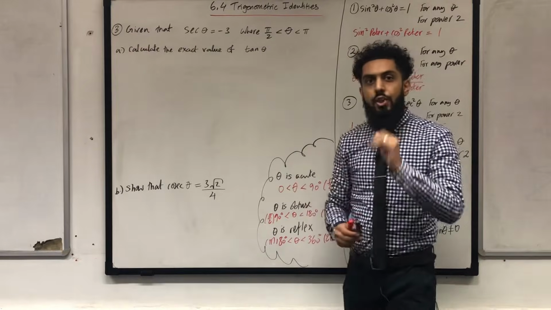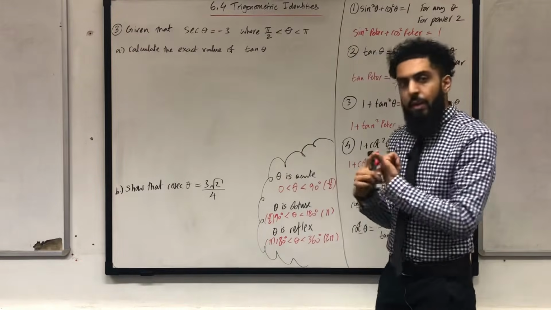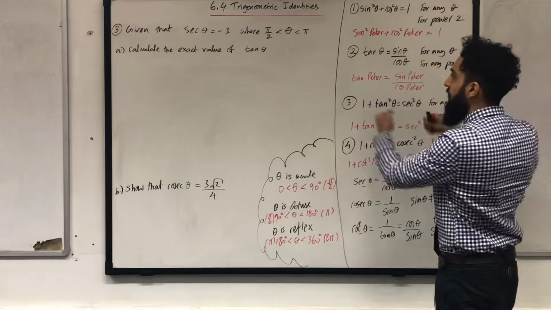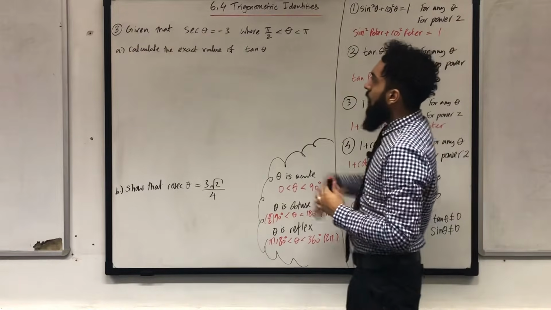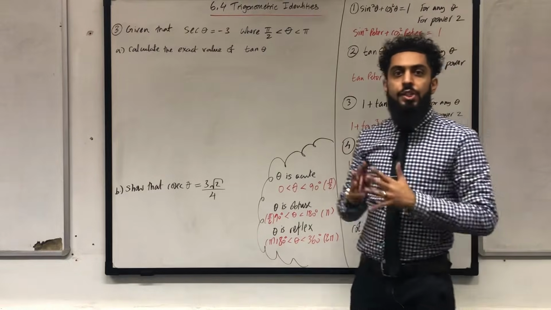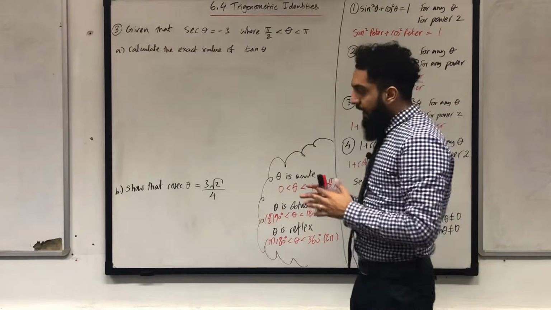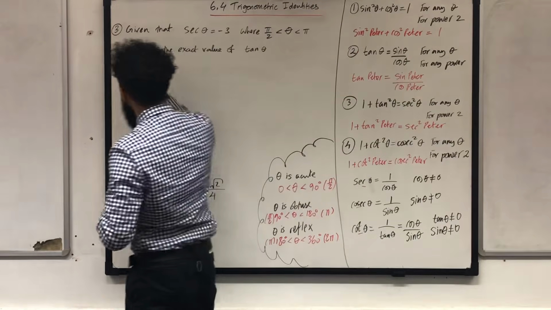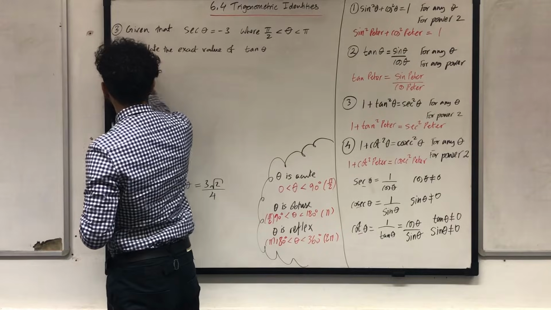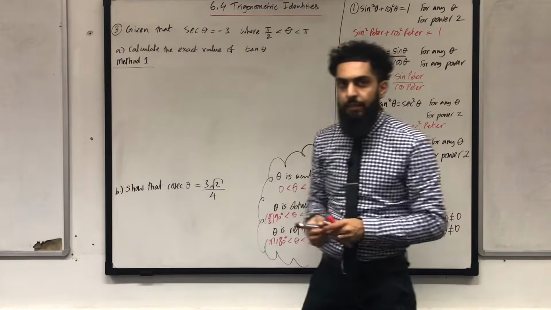For part A, there are 2 methods. Method number 1 is to use one of the identities over here to work out the value of tan theta. Method 2 is to use the triangle method. So let's have a look at method 1, the identity method.